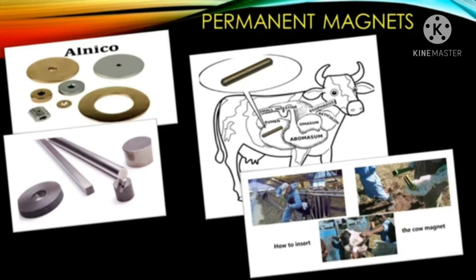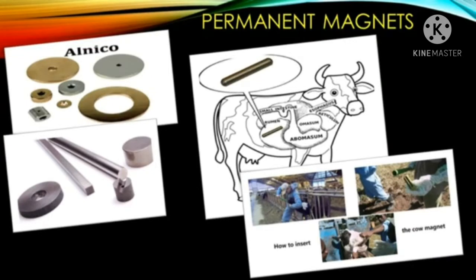The most commonly used permanent magnets are made of aluminum, nickel, and cobalt, generally known as alnico. Magnets used in refrigerators, bar magnets, speaker magnets, fridge magnets, and magnetic compasses are some familiar examples of a permanent magnet.